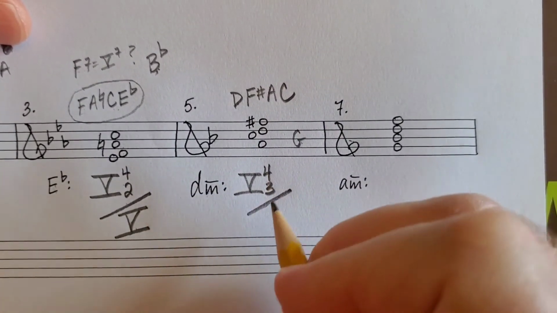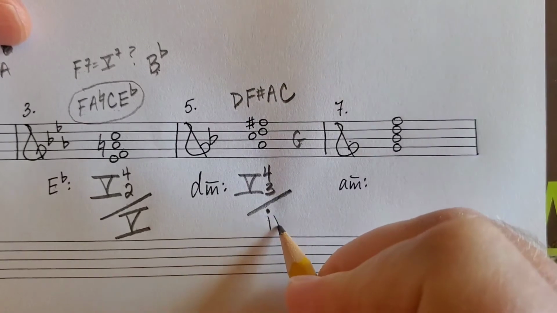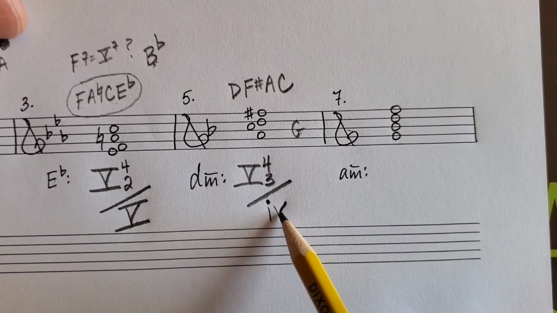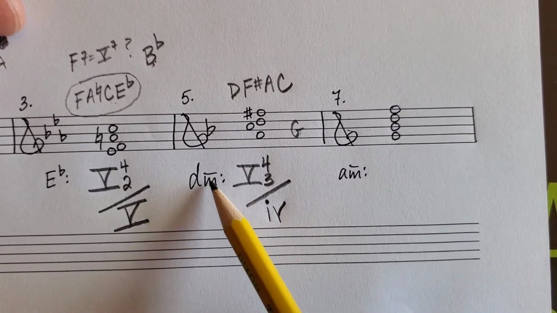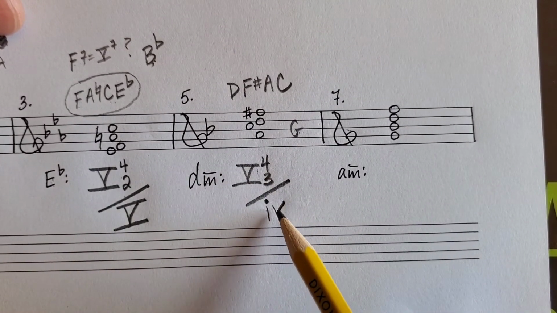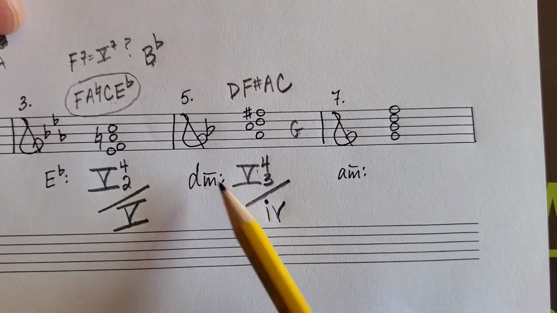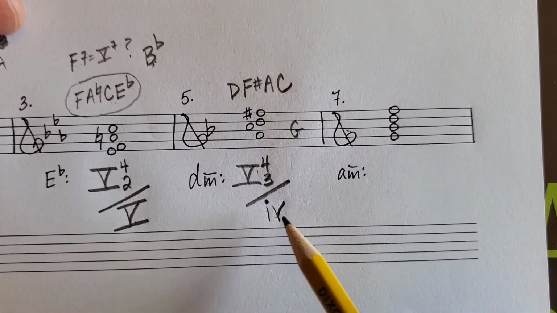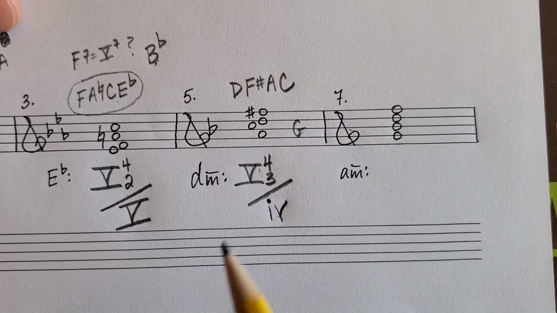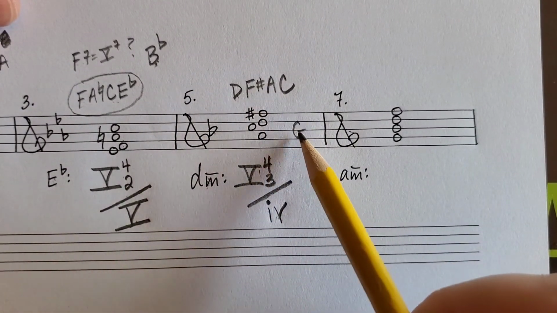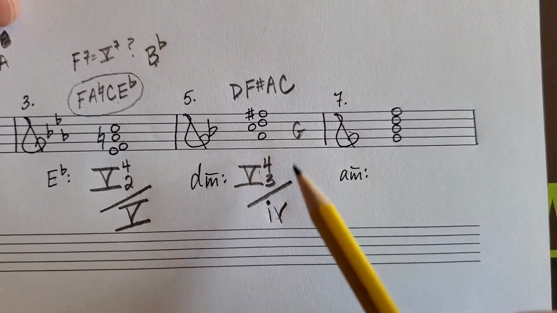Now, because we're in a minor key, 4 is minor, right? So remember that the bottom part of the secondary dominant label always has to be a diatonic chord to whatever key you're in. So if you're in a minor key, 4 will be minor. So again, D7 is the dominant to G, and in the key of D, G is 4.